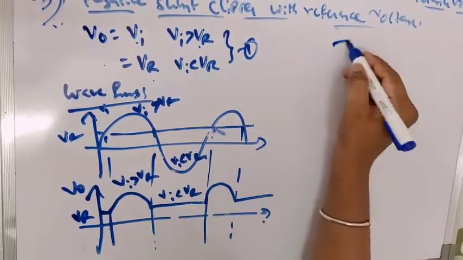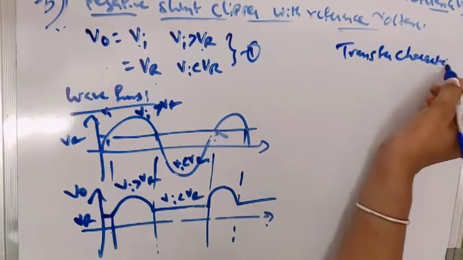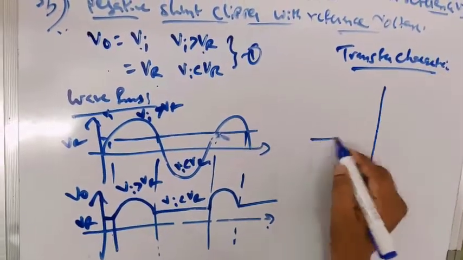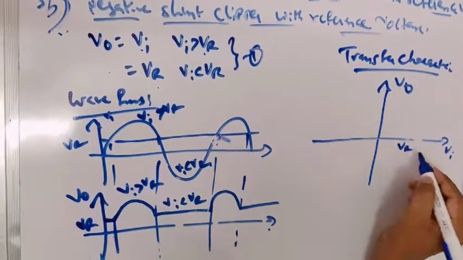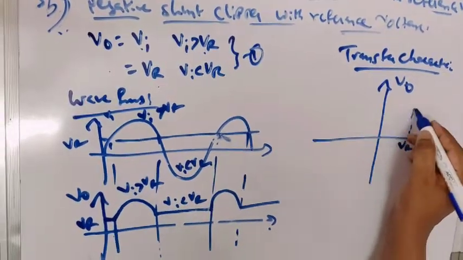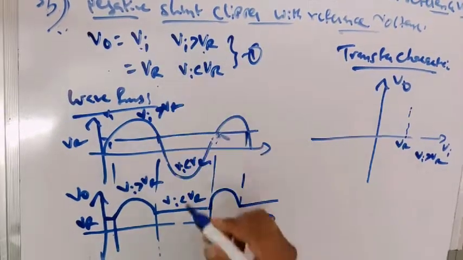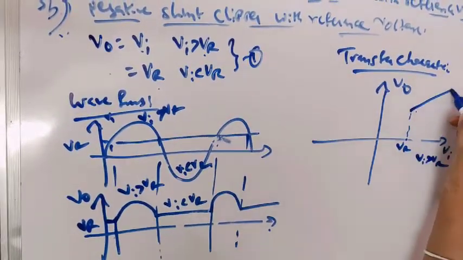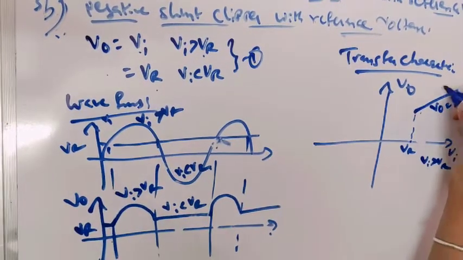Now we will see the transfer characteristics. The transfer characteristics is the characteristic drawn between the input voltage and output voltage with respect to the reference voltage. If we take Vi greater than VR, the output follows the input. This is a linear representation, V0 equal to Vi with a slope equal to 1.